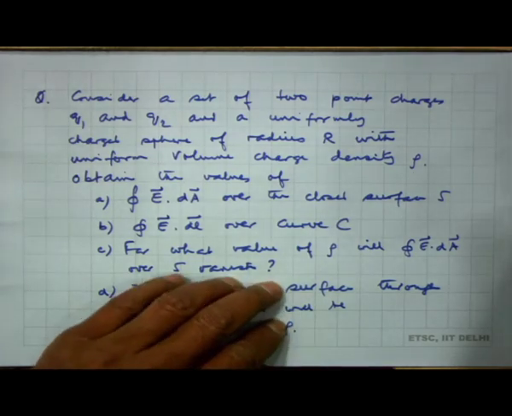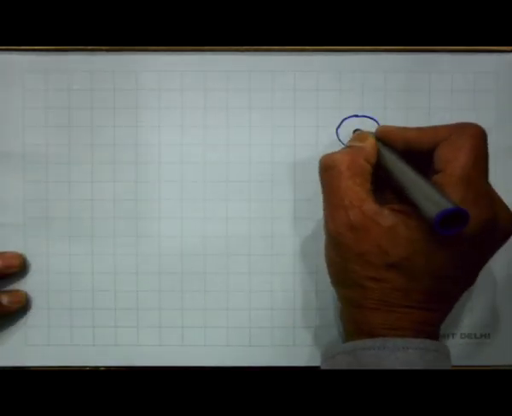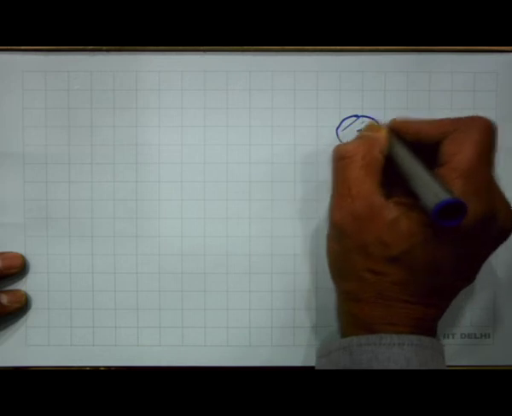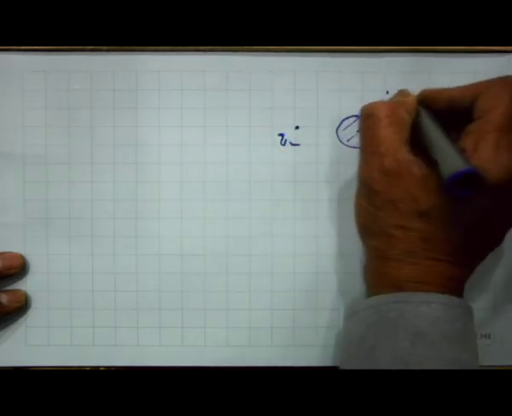So, the figure is as follows. You have a spherical charge distribution of radius r and you have another point charge here q2 and a point charge q1.